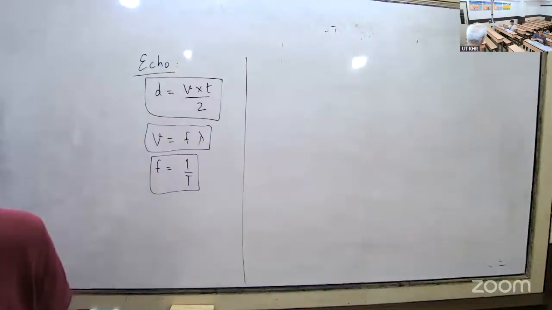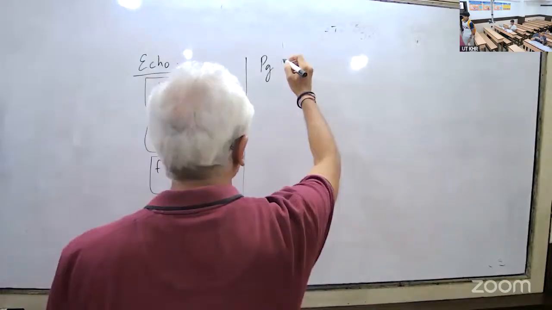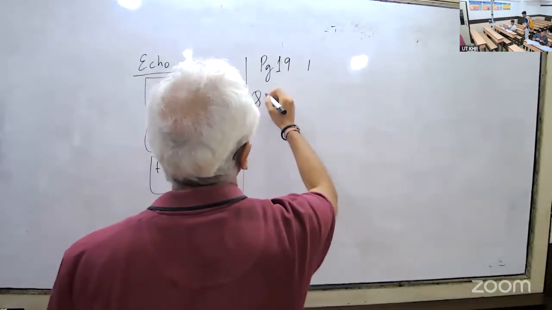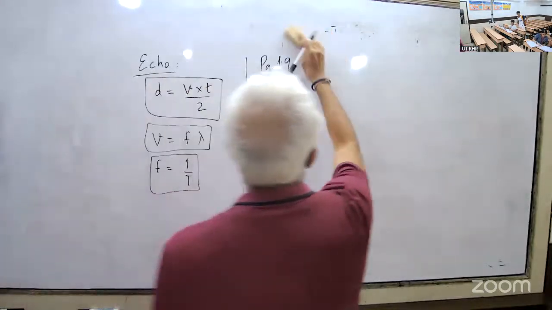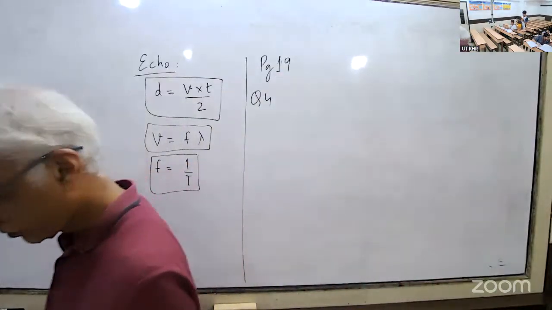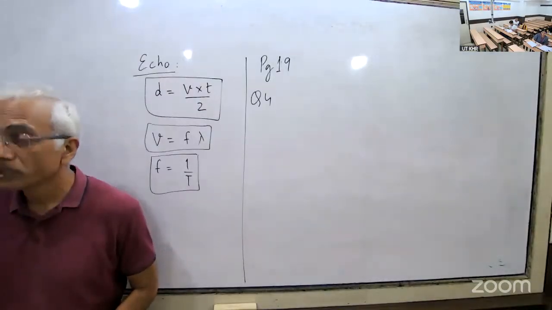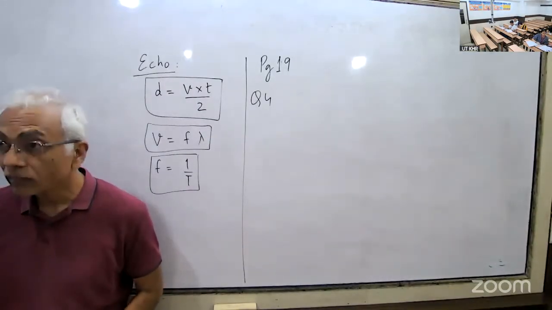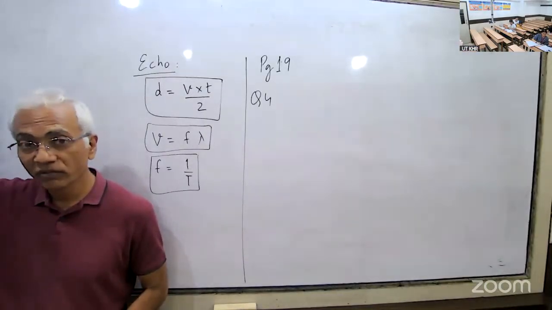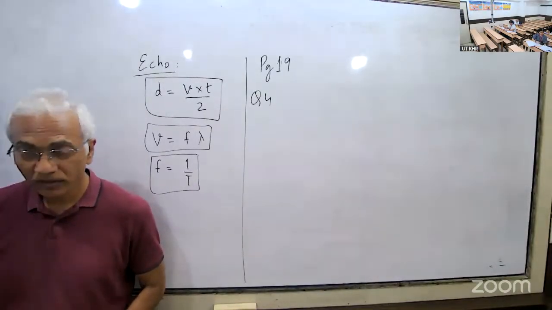Let's start question number 4 then. Page 19, question 4. What is given in question 4? So I am told we have done the first 3 numericals. I presume everybody was present in that class, because the last class was missed by most of the students, right?